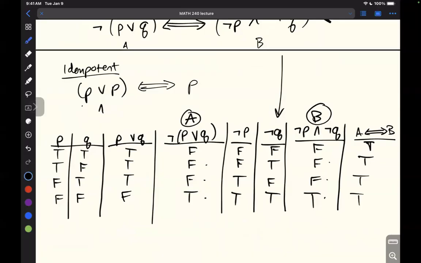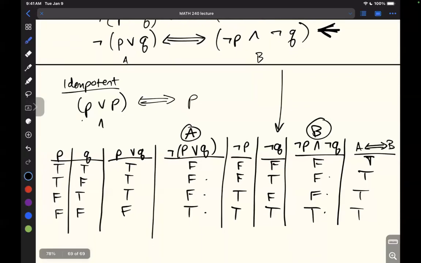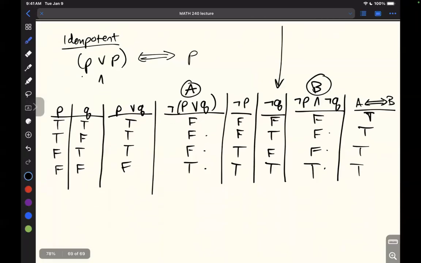And so that tells us that A if and only if B, now we can say they're equivalent because we've shown in our truth table that there's a tautology. This is one way to prove these kinds of statements, where we draw a truth table and say, here's all the possibilities, here's all the ways this could go.